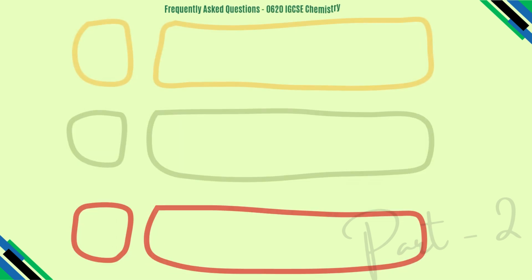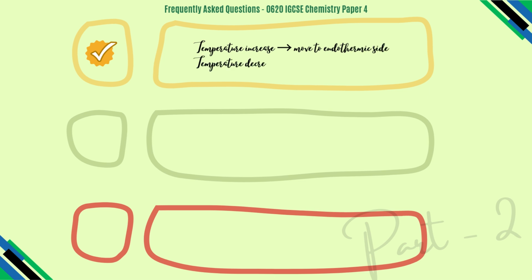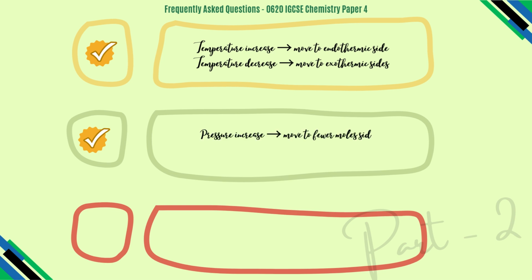In this slide, we are going to discuss some things about Le Chatelier's principle. If we increase the temperature, then the system will move towards the side where it's endothermic. And if we decrease the temperature, then the system will shift towards the exothermic side. And exothermic or endothermic should be given in the question. What about the pressure? As we increase the pressure, the system will move towards the fewer mole side.